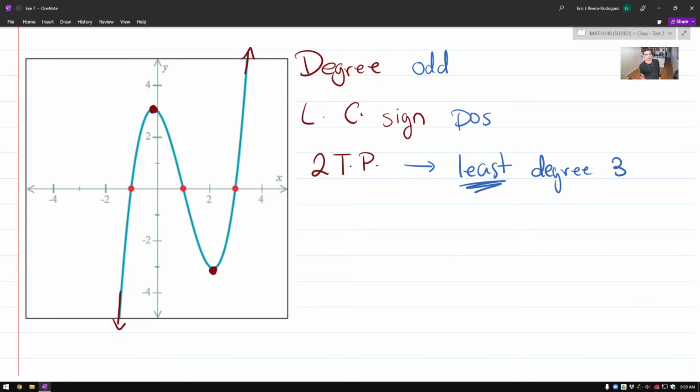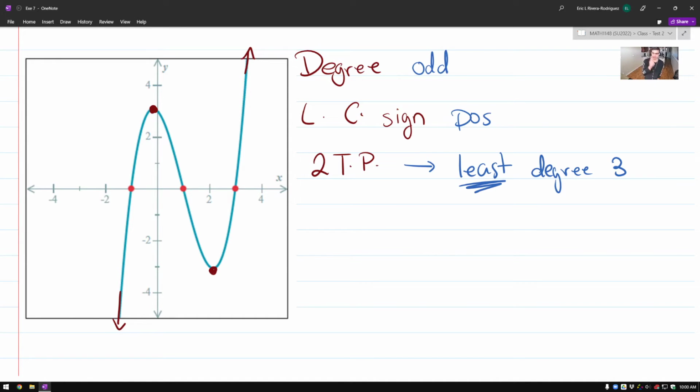So at least means that it could be 3, it could be 5, but could it be 8? Could it be 10? Can we have a degree of 8, of 10, of 12, of 4? What do you think?